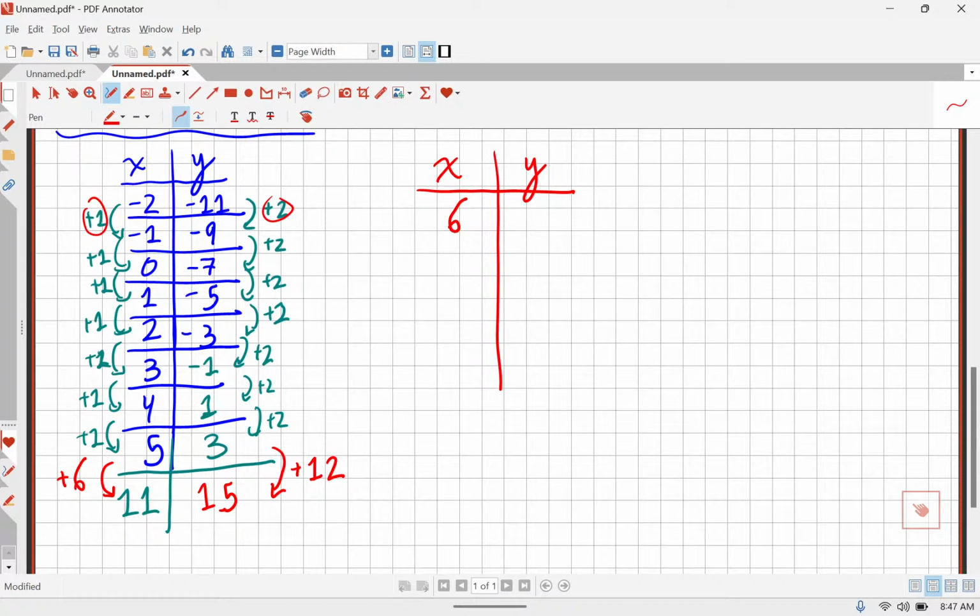We're going to go 6 and 0. -2 and 12. 4 and 3. 8 and 21.